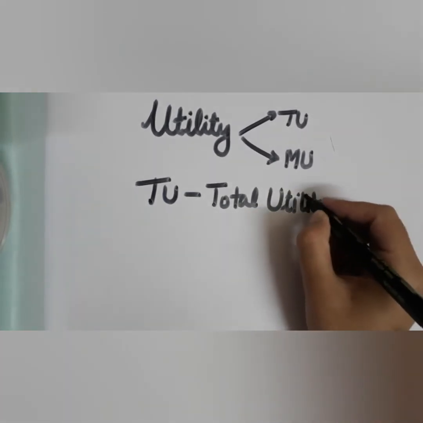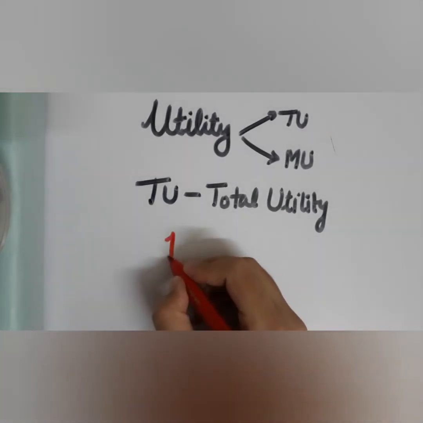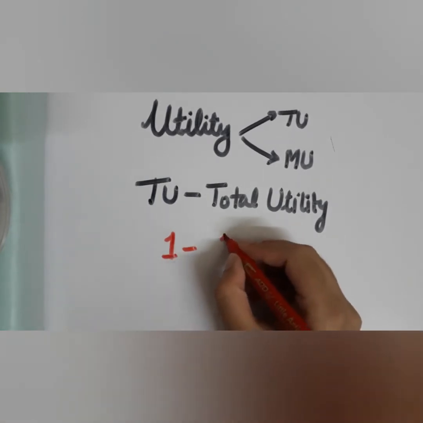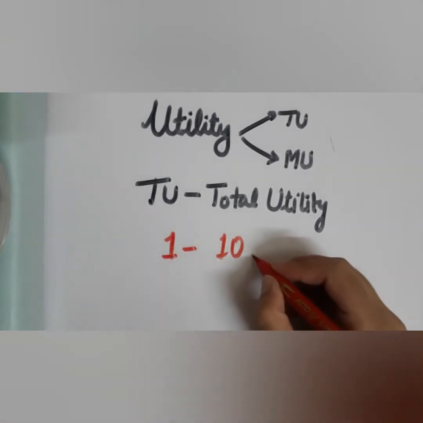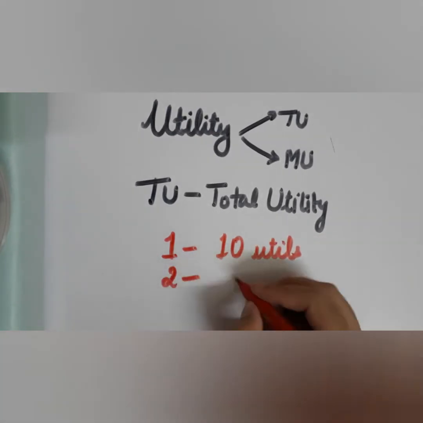In this total utility, we have to add up all the units. For example, I say that the first unit is giving me 10 utils of utility, and the second unit is giving me 9 utils of utility.